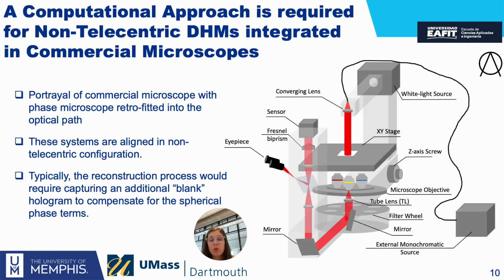This is extremely important when we always want to use systems that are already in place, so we want to minimize the effort. When you try to put a DHM module within a commercial microscope, a lot of times commercial microscopes are focused on intensity-based imaging, so you don't care about the phase. A lot of times they work in a non-telecentric configuration.